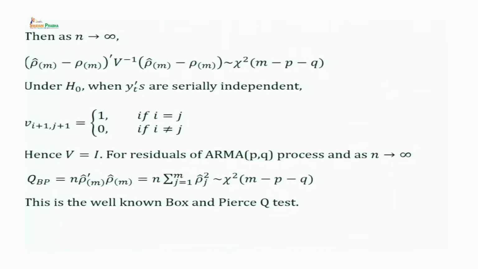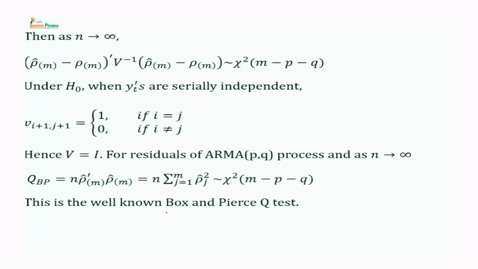This statistic is the well known Box Pierce Q statistic, and you can use this statistic for testing the hypothesis that all the autocorrelations rho 1, rho 2, up to rho m are equal to 0. You compare this statistic with the tabulated value, and if this is greater than the tabulated value at say 5% level of significance, then you reject the null hypothesis.